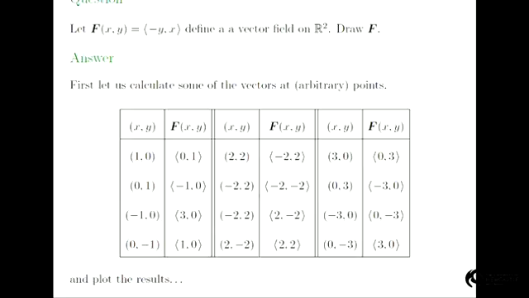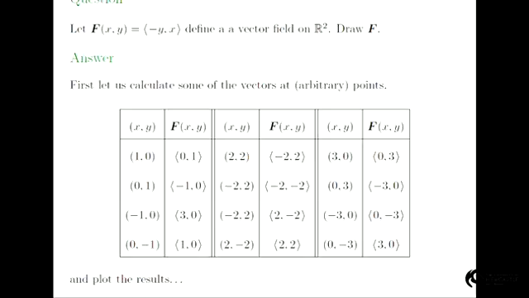Here's a vector function f, which given x, y returns the vector minus y, x. So let's calculate some of these vectors at totally arbitrary points. The amount of points we take and where we take them is up to us. The responsibility is on us to draw the vectors at enough intelligently chosen points so that we're actually indicating the behavior of the vector field.